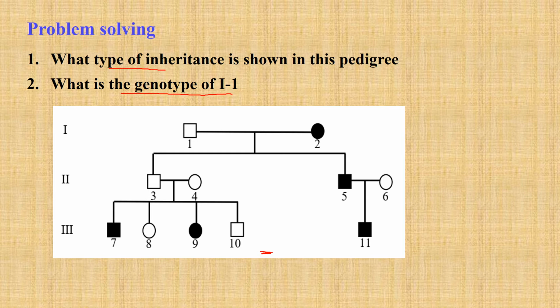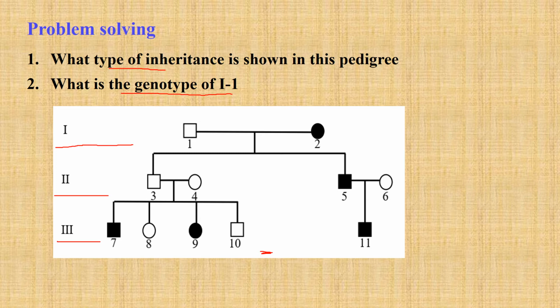This is our generation 1 here, the cross between the parents. This is generation 2 here, that is the F1 or the first filial generation, and this is generation 3, that is Romans 3. If we see a trait that skips generations, that can give us an idea that it is probably a recessive trait.